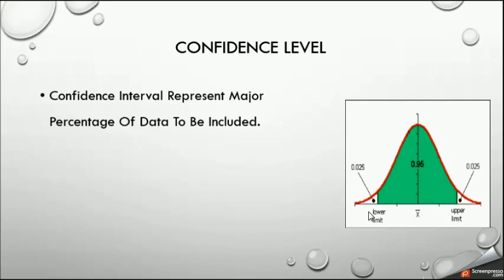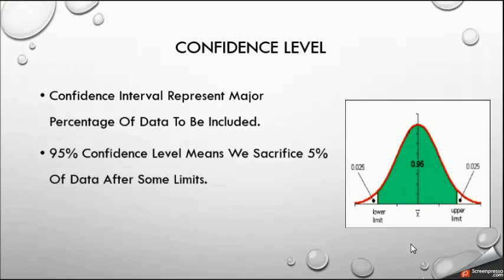So the confidence level we are taking is to represent the majority of the data which is centered around the mean. For example, if we take the confidence level to be 95%, in fact 95% is the most popular and famous confidence level to be taken in most hypothesis testing. 95% is the total area under the curve, which includes the majority of the data in this population.